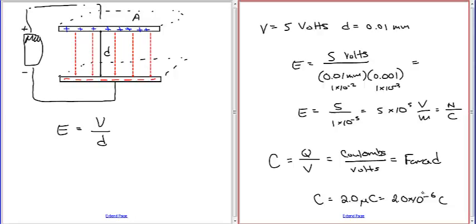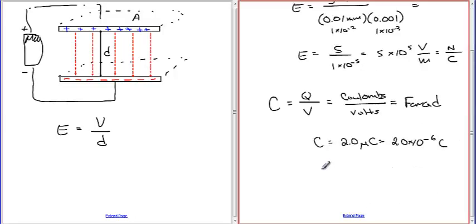You just have to remember to multiply it by 10 to the minus 6. If you had 5 millicoulombs, that would be 5 times 10 to the minus 3 coulombs. Micro was 10 to the minus 6, milli is 10 to the minus 3. There's pico and there's nano. We're not going to worry about those right now.